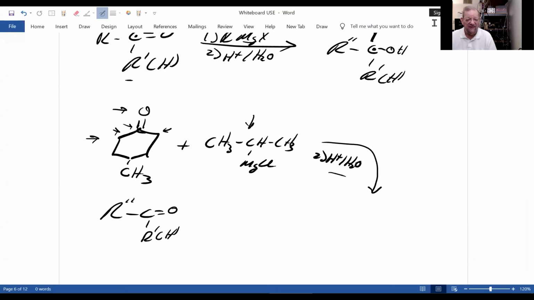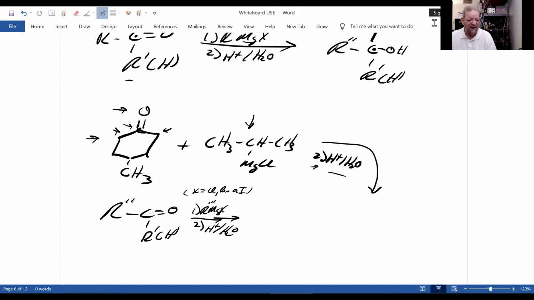Ooh, Grignard, first step. Acid and water, second step. And remember, X can be chlorine, bromine, or iodine, one of those halogens.